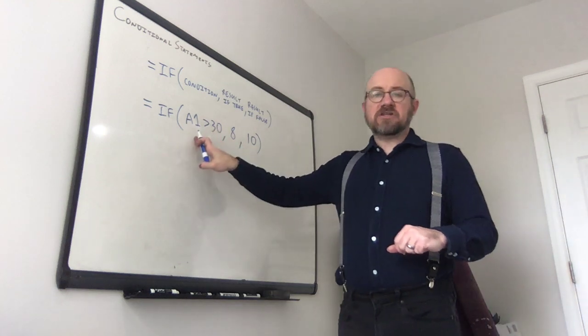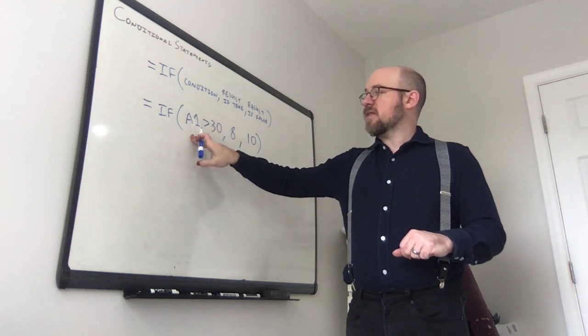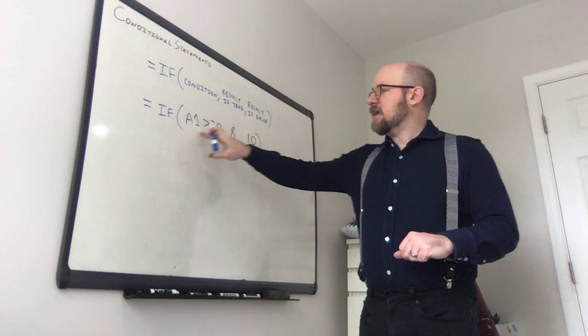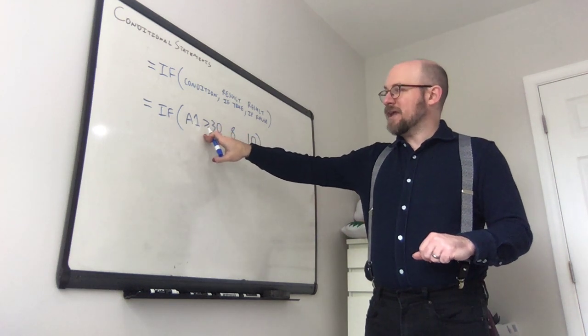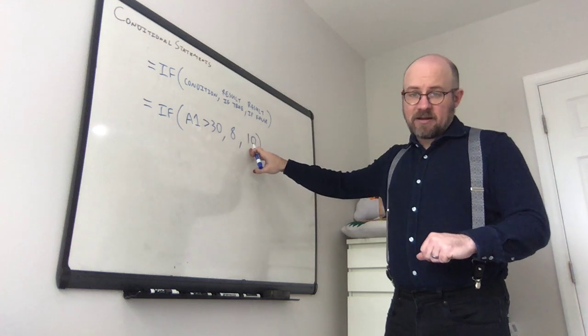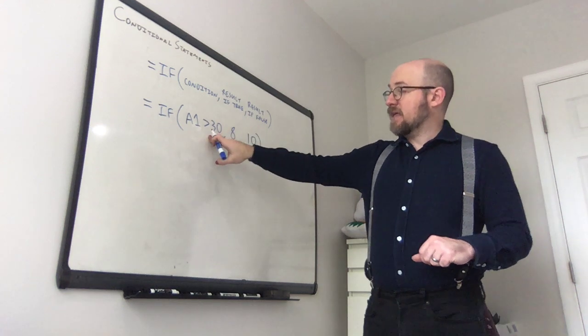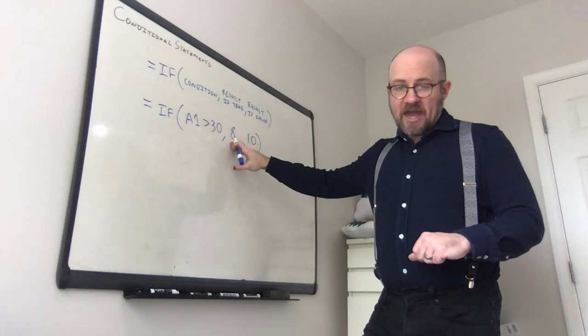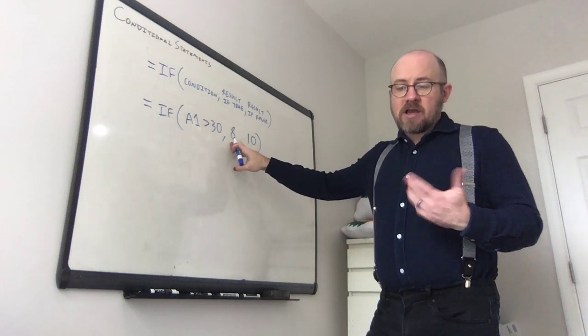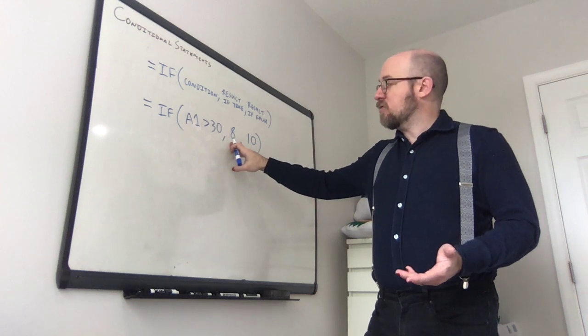And so what this is going to do is it's going to look at the value in cell A1, and if the value in cell A1 is like 20, it's going to say, oh, they cost 10 because that's not greater than 30. If the value is 40, it's going to give you 8. Okay? And you can combine this with other things.